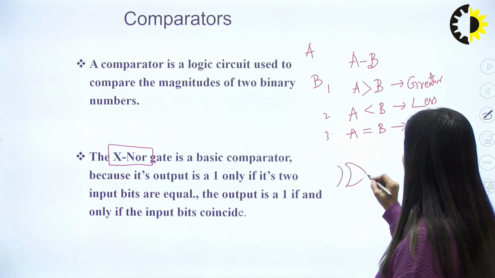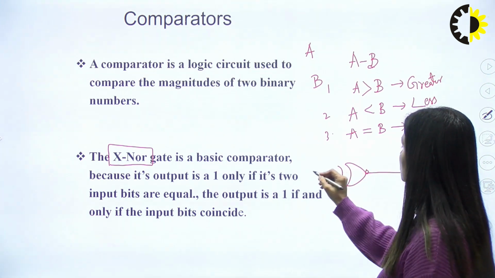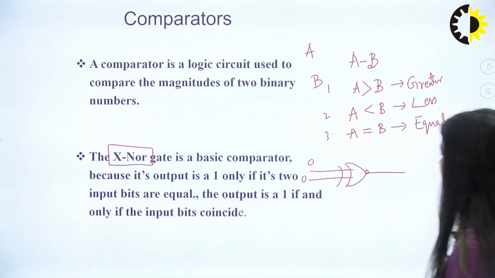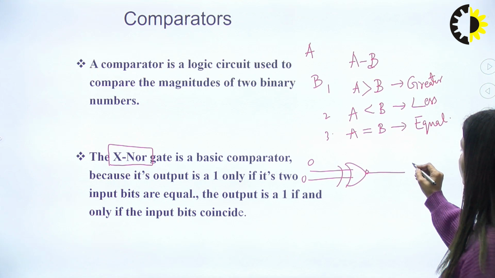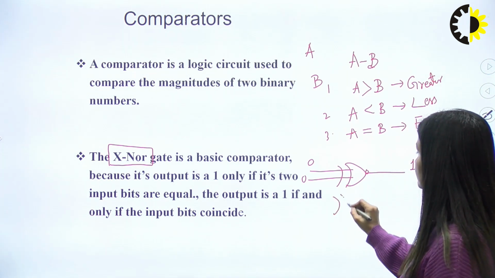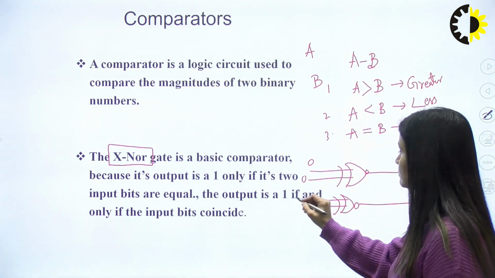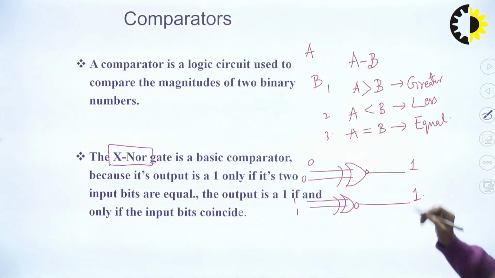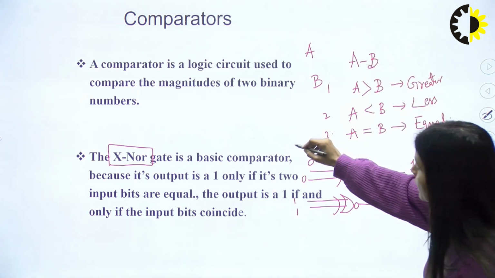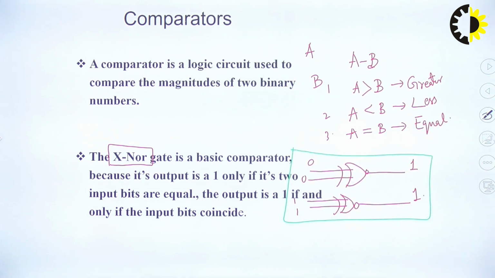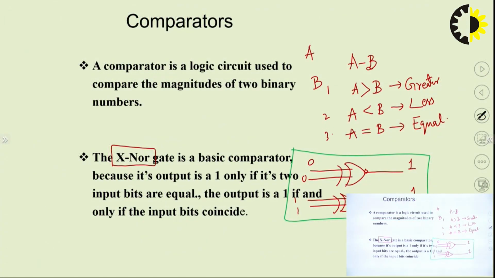If I see the XNOR circuit, let's say the inputs are 0, 0, then the output will be 1. So this is the reason for selecting the XNOR logic. When the two bits are equal, then only the output is 1.